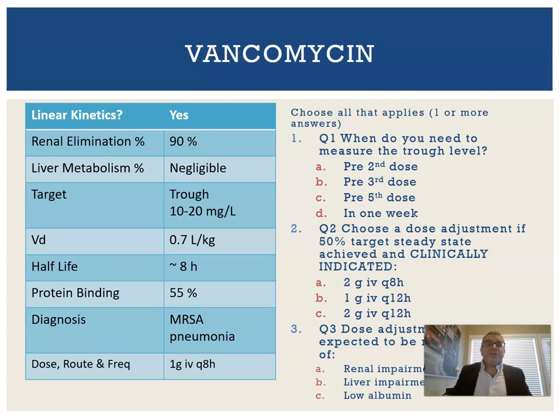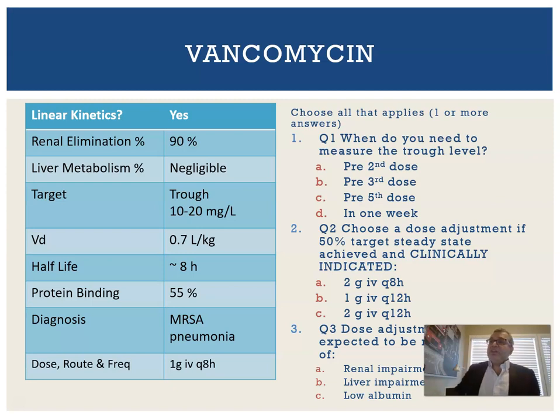So when you think about it, if you want to measure a steady state concentration, what would be the best timing? Probably 8 hours, 3 to 5 half-lives. So I would say 8 multiplied by 3, 24 hours. So pre-fifth dose or in 1 week could be used. However, I will use pre-fifth dose because we want to make sure. I don't want to wait for 1 week until I find the concentration maybe subtherapeutic, right? So I will do pre-fifth dose.